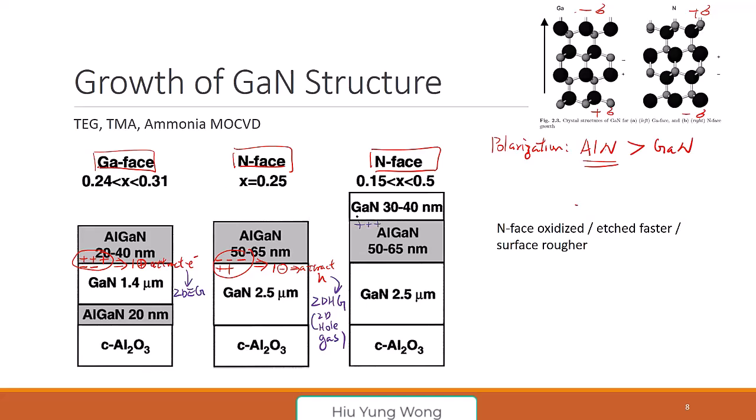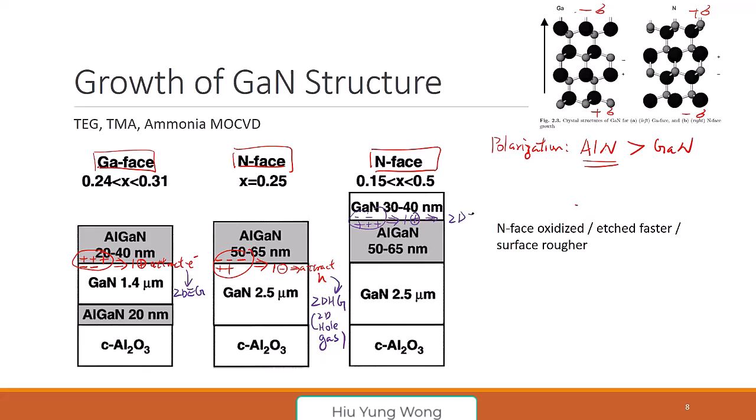You have more. How about here, gallium nitride on the bottom? Negative. So altogether, that gives me 1 positive. So it's going to attract electron gas or hole gas? Electrons.